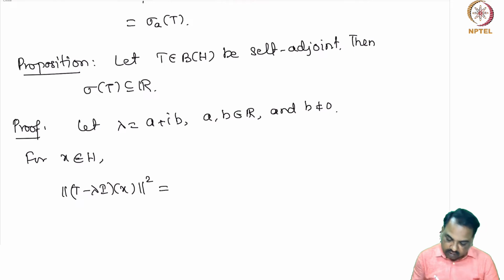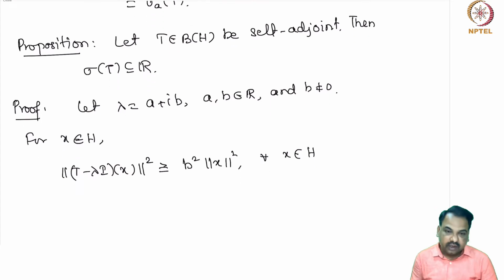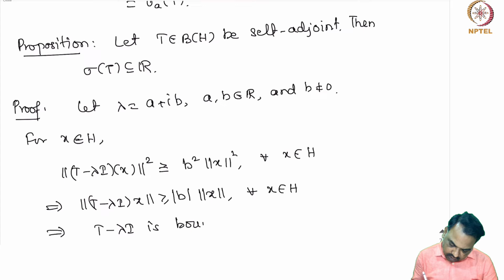Using the inner product, we can conclude that this is bigger than or equal to B square norm x square for every x in H. This computation can be done by expanding the inner product. Since B is non-zero, this implies the norm of (T minus lambda I) x is bigger than mod B times norm x for every x in H. This implies T minus lambda I is bounded below.